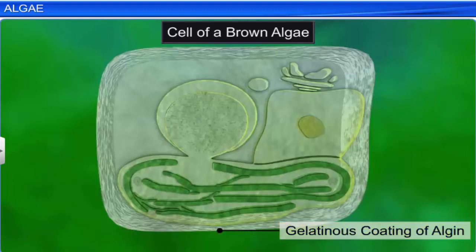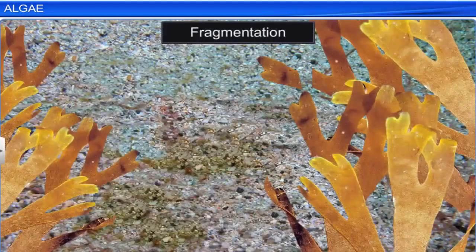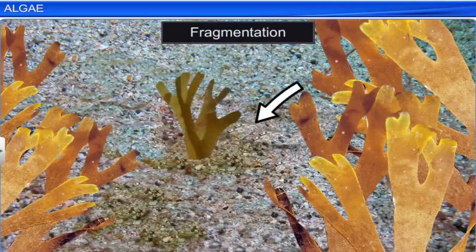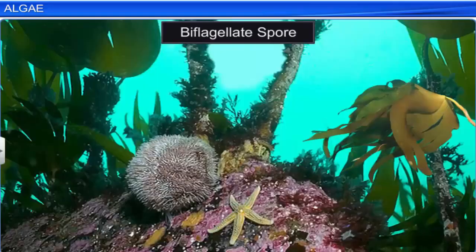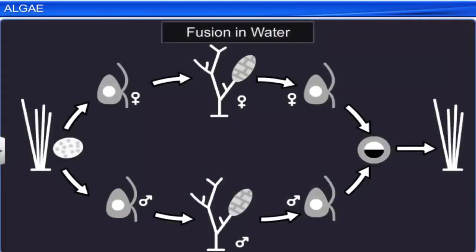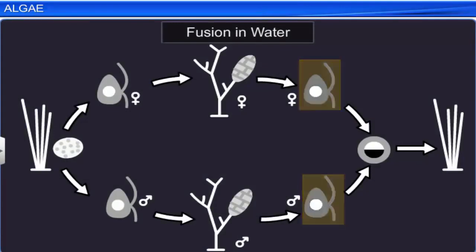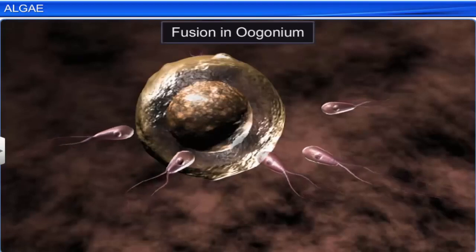The protoplast inside the cell has plastids and a centrally located vacuole and nucleus. Brown algae reproduce through fragmentation and asexually through biflagellate spores. On the other hand, in sexual reproduction, the gametes unite either in water or within the oogonium.